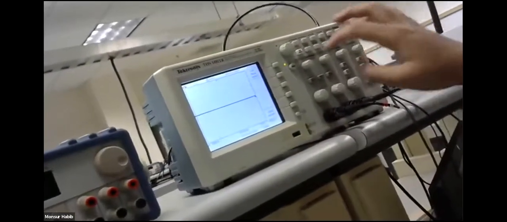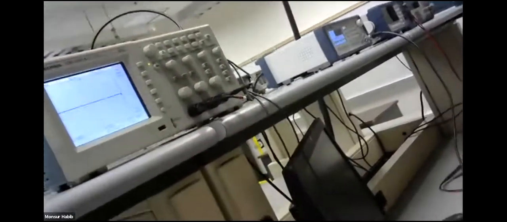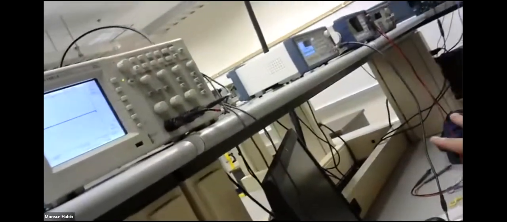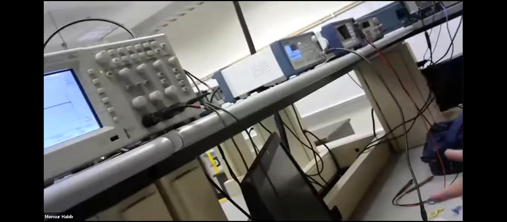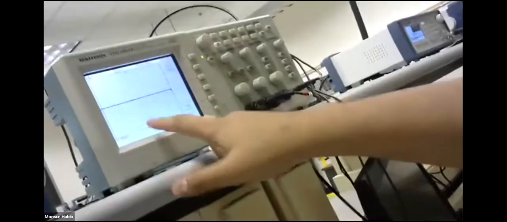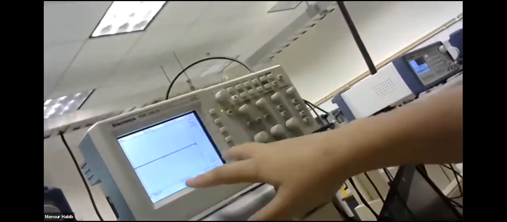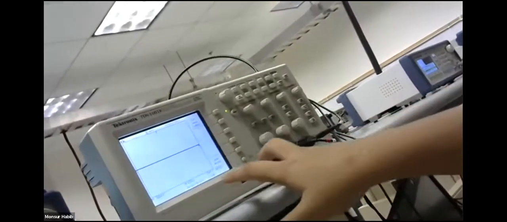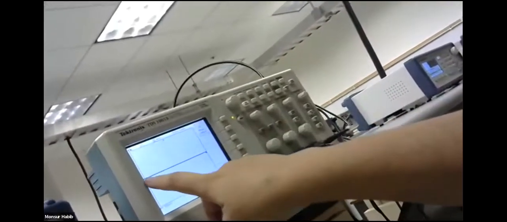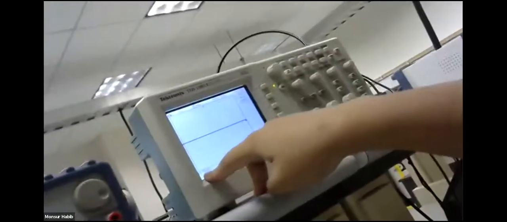So this auto set basically measures the input voltage, current, and the frequency of the input, and makes it so that it shows a few cycles here. So it will basically change the amount of time shown per horizontal division and vertical division.